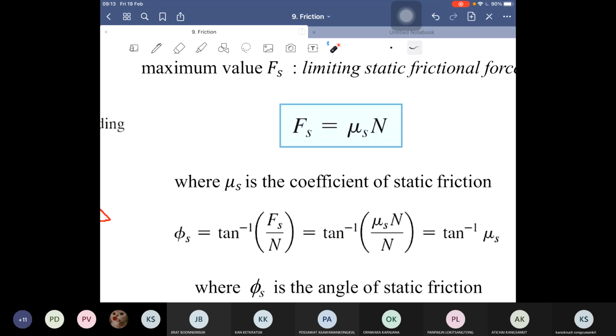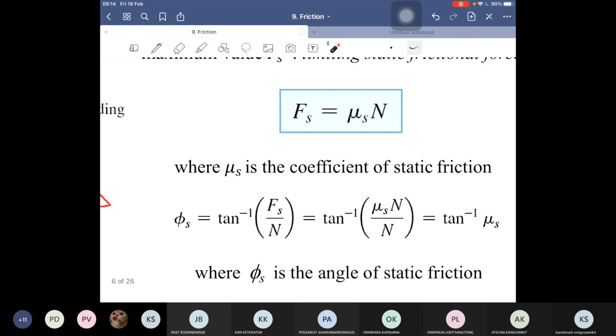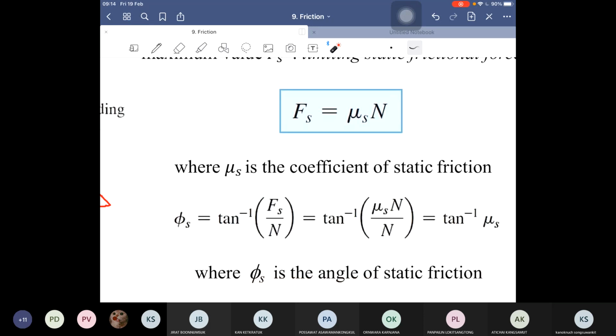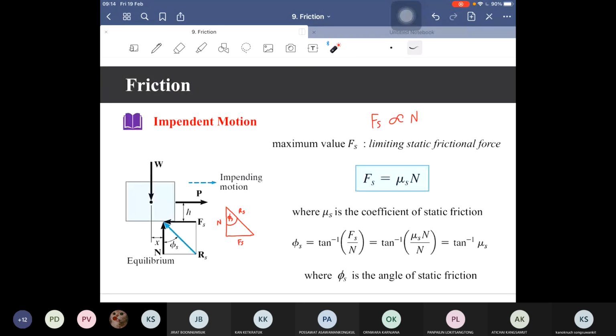So you can see that the angle phi s can be found by just using arctan mu s, only one value. And we're going to call this angle phi s the angle of static friction. Okay, so in this state, we are still in a static system.